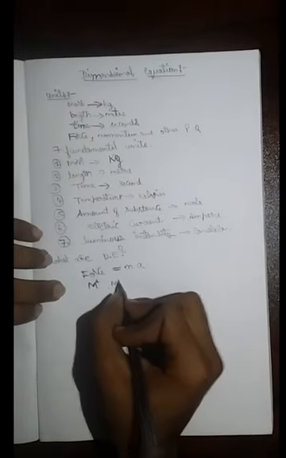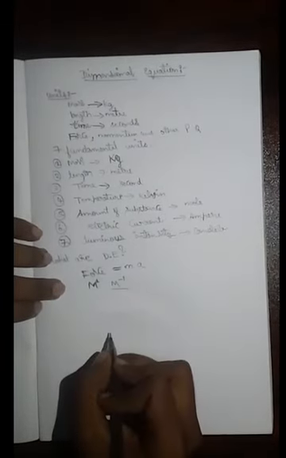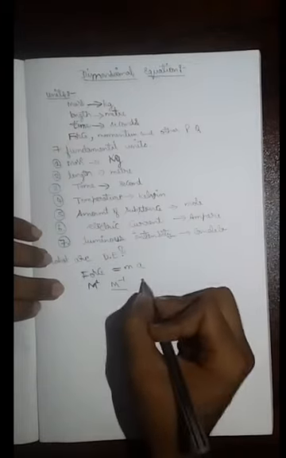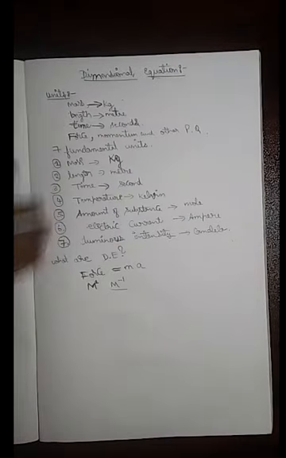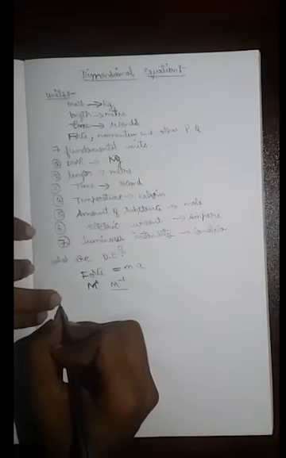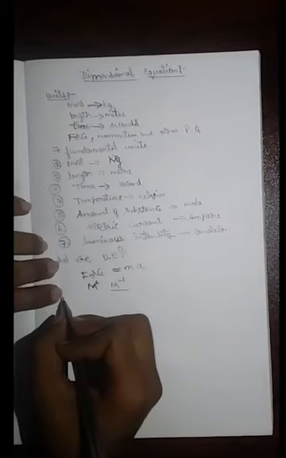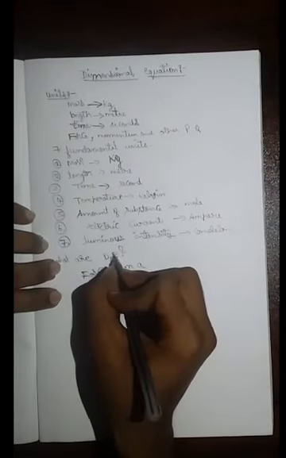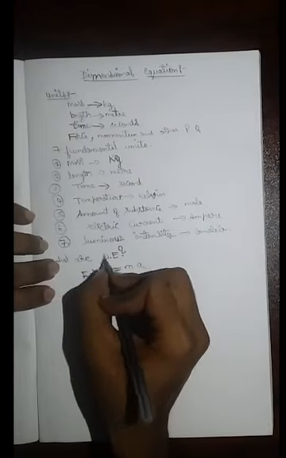If it is -1, that means inversely proportional, and the same goes for all other fundamental quantities which are mentioned here. So let's start solving the questions, as we can understand more clearly when we solve the questions.